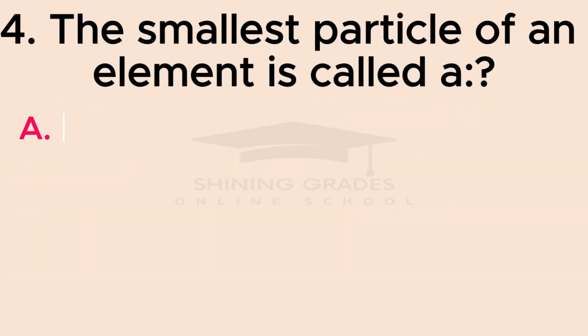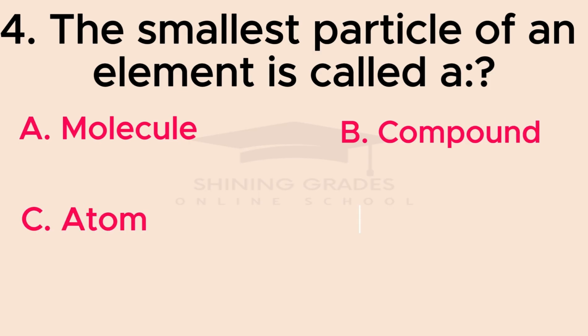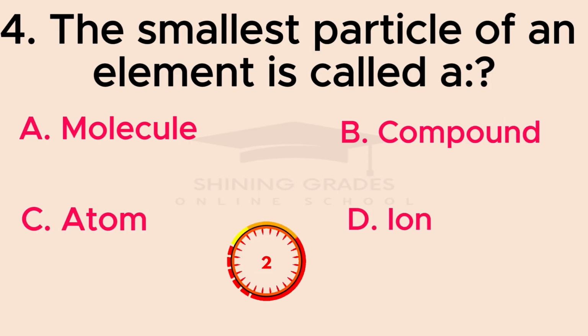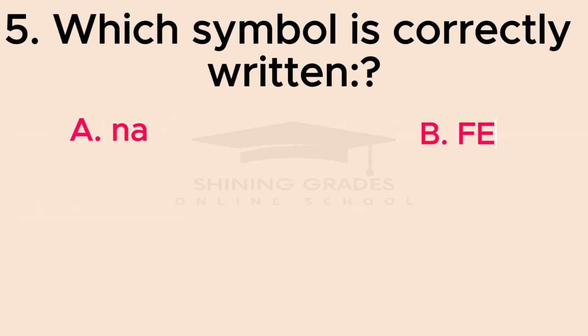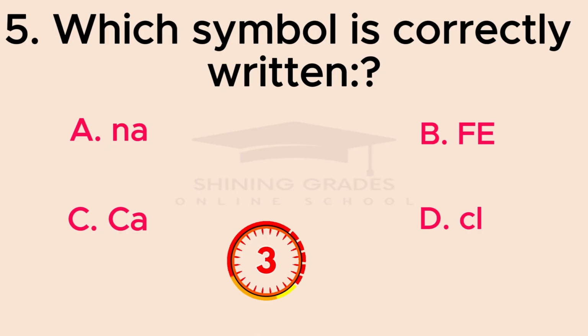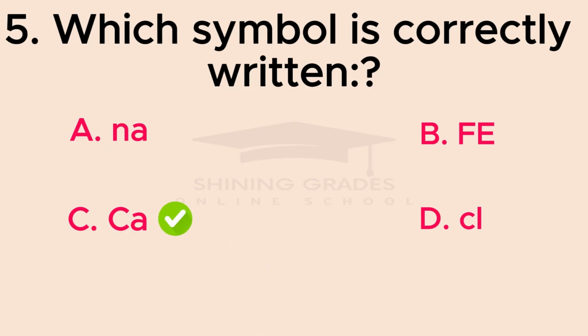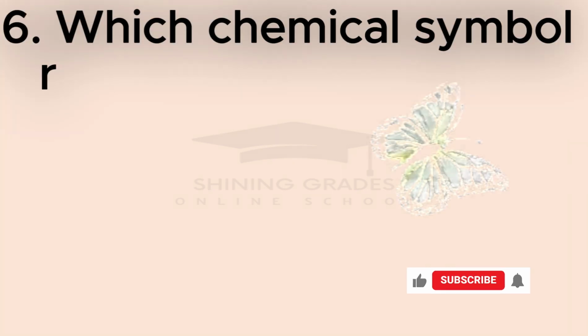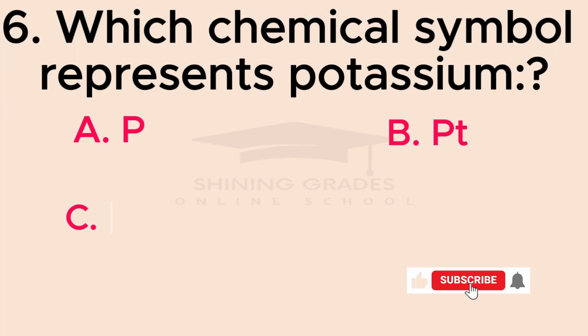Question 4. The smallest particle of an element is called a. Question 5. Which symbol is correctly written? Question 6. Which chemical symbol represents potassium?